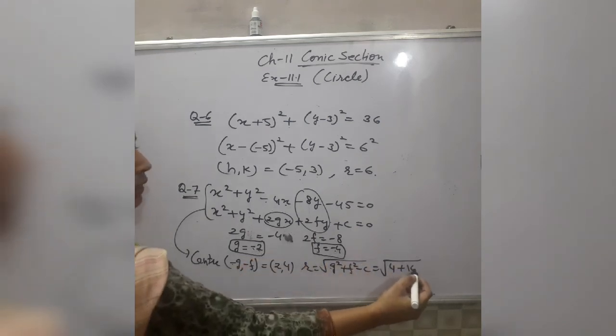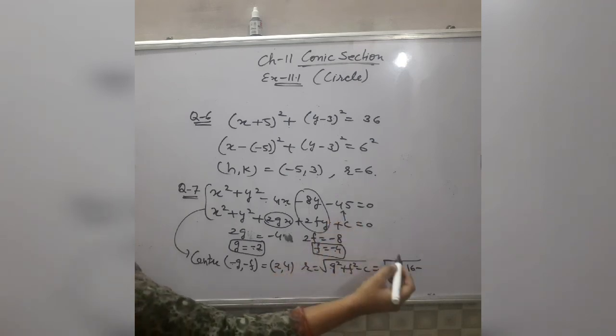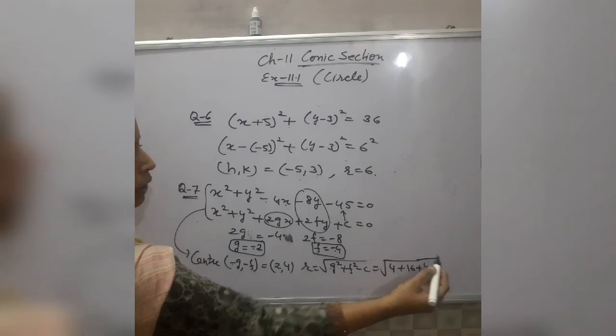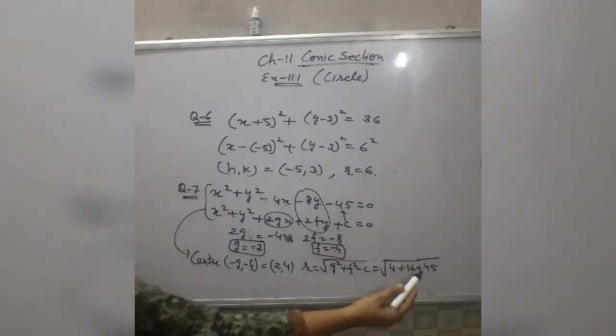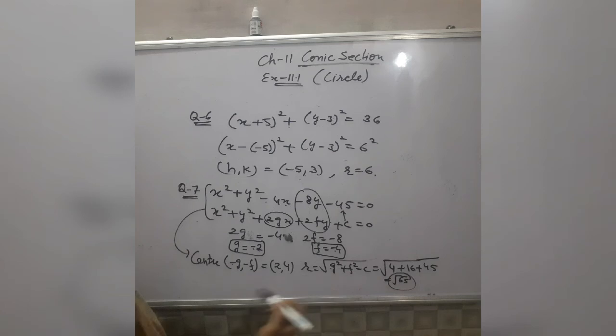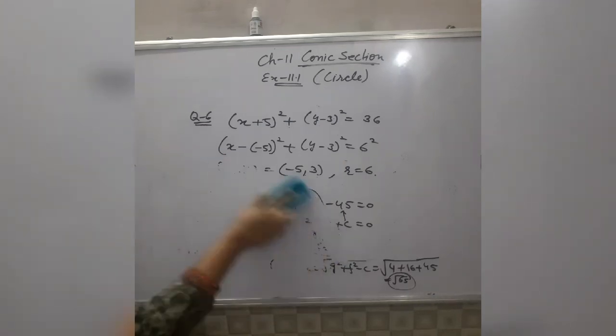Square of f, which is 4, is 16, minus c. What is the value of c? C is here minus 45, and when you take minus minus 45, it becomes plus 45. So 45 plus 20, it becomes 65. So root 65 is the value of the radius. So in this way, from the given equation of a circle, you can find out the center and radius.